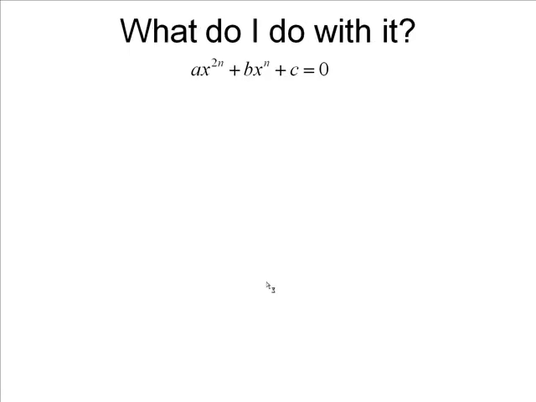So if you had ax to the 2n plus bx to the n plus c equals 0, let's say n is 3, 2n would be 6. So that would be ax to the 6 plus bx to the 3 plus c equals 0. The first exponent twice as much as the second.